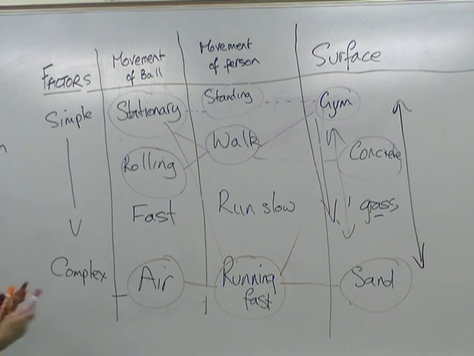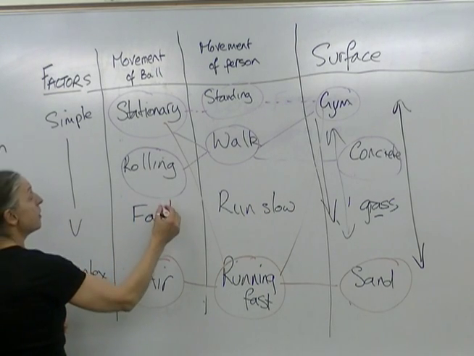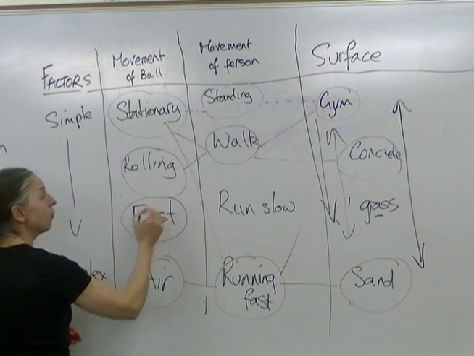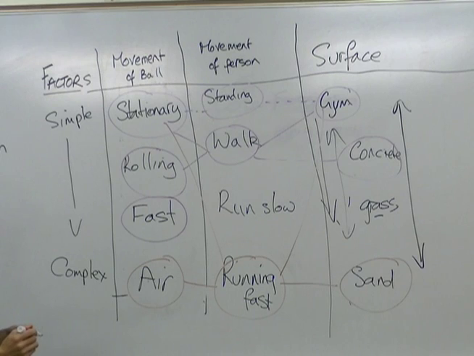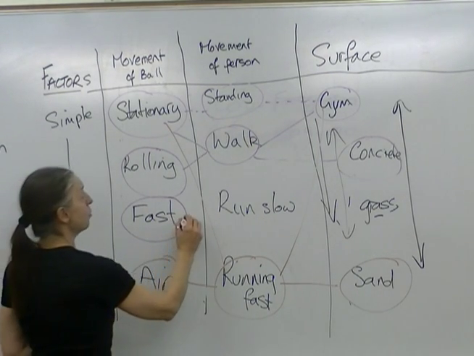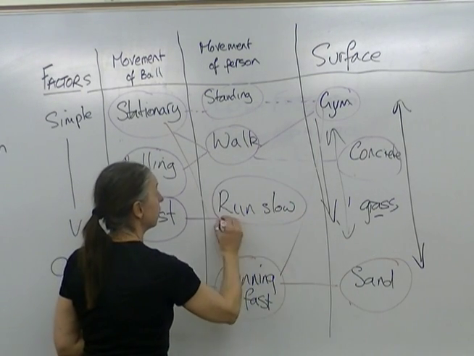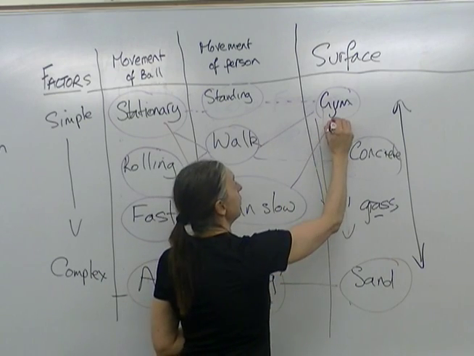So I've got to decide which version of the skill I'm going to set up. But I can watch them and I can say, okay, little Audrey did pretty well with the ball moving quite fast. If she was running slowly and if we were in the gym.